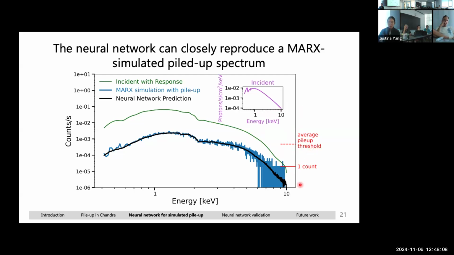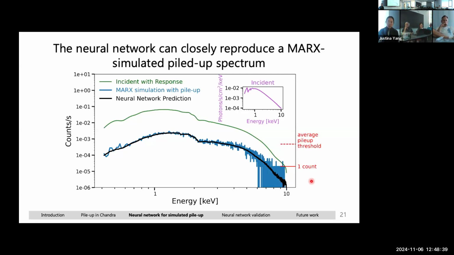The blue is the Marx simulation and the black is the neural network prediction, where the goal is for the neural network prediction to be the mean spectrum that you would get if you took multiple Marx simulations repeatedly, and therefore could average out the photon noise. So here the neural network prediction does seem to be consistent with what the mean of the Marx simulation would be.